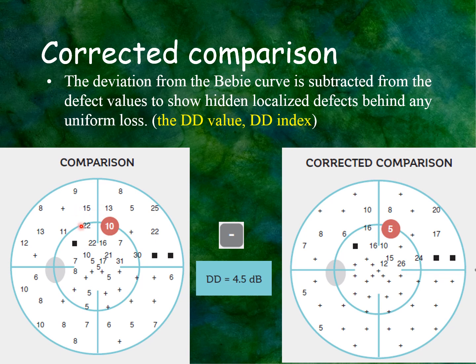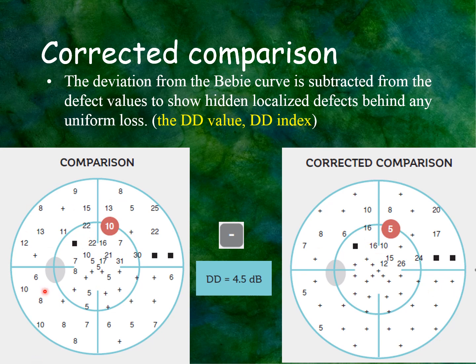So from all these deviations from the normal, we took out 4.5. So this point, when compared with the normal, was found to be 10, but here was found to be only 5. Again, this point 22, here it is 16, and so on.